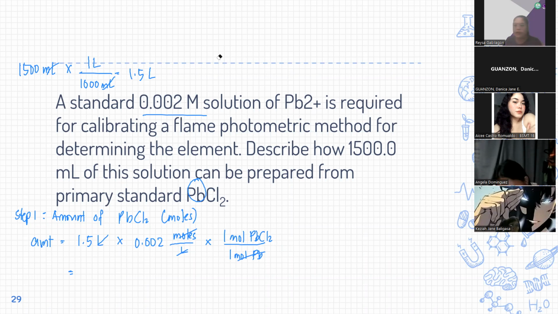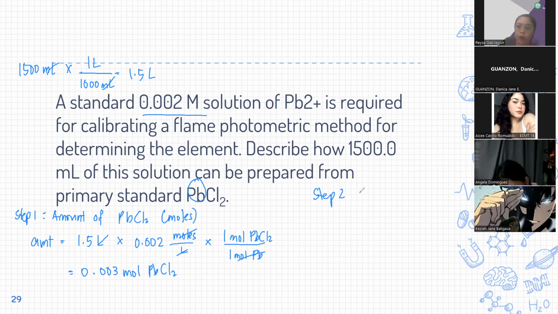Where is my calculator? 1.5 times 0.002 is 0.003 mole of the lead chloride. Ayan.